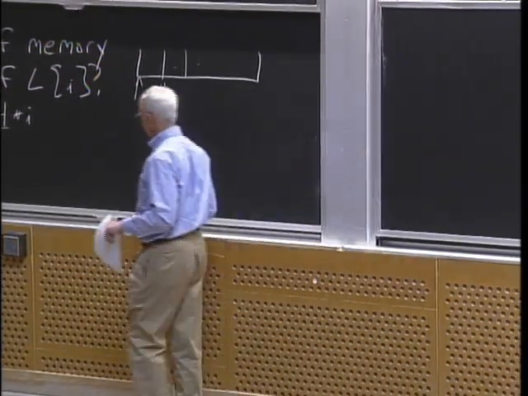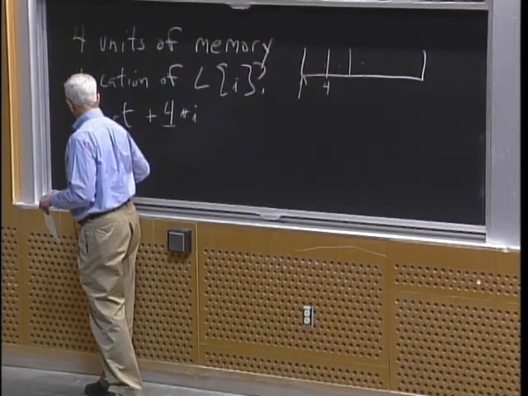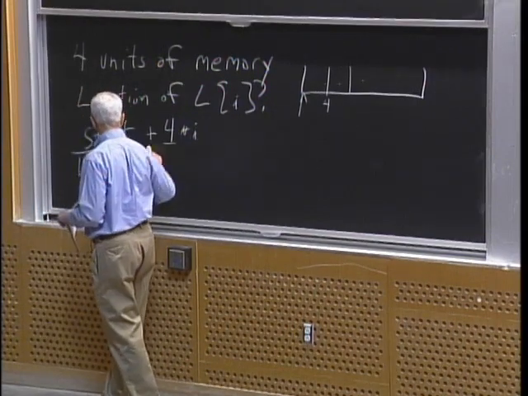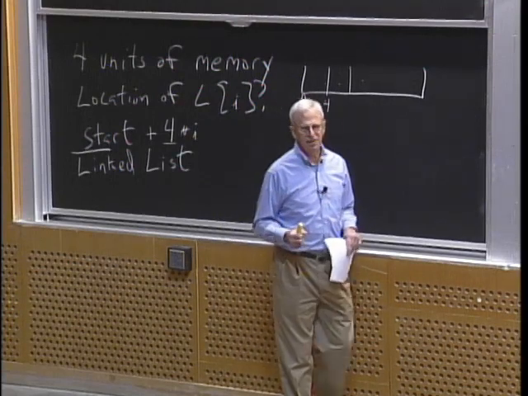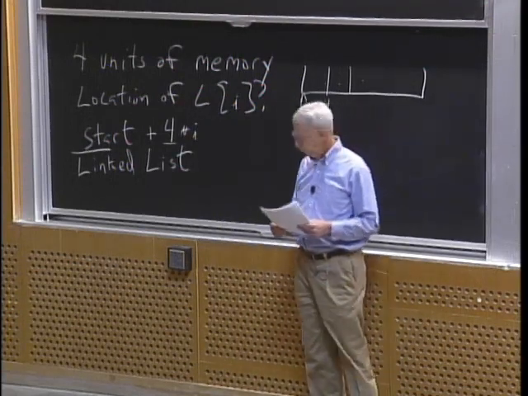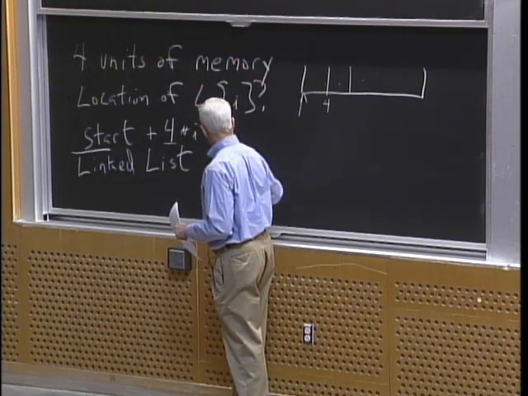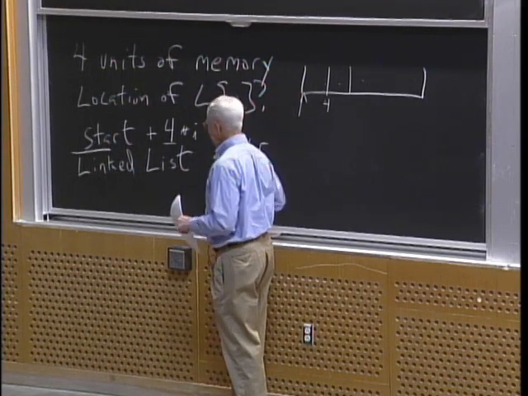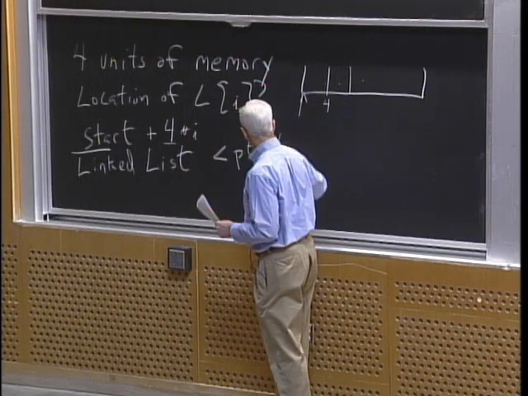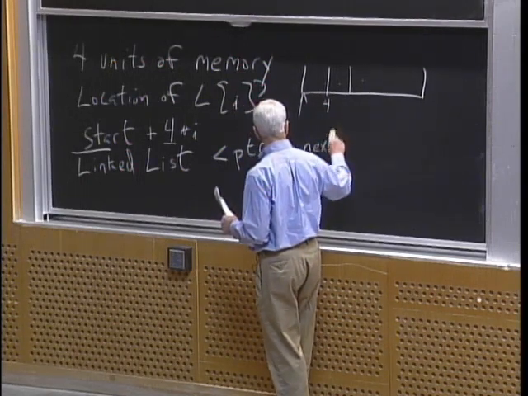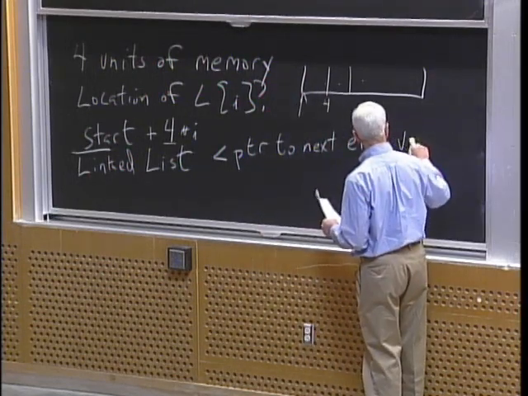One possibility, and this is probably the oldest way that people use to implement lists, is the notion of a linked list. These were used way back in the 1960s when Lisp was first invented. And effectively there, what you do is, every element of the list is a pointer to the next element, and then the value.